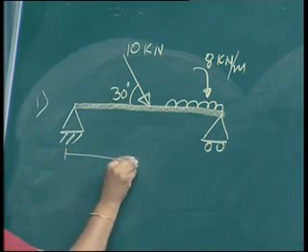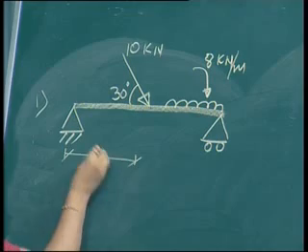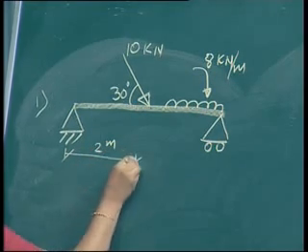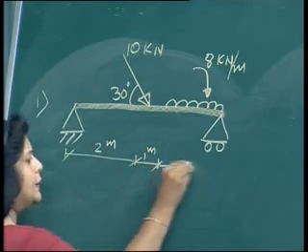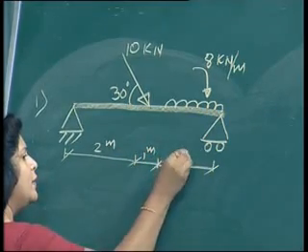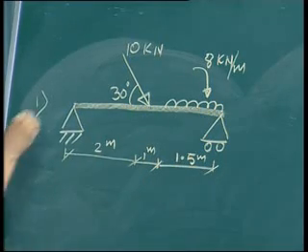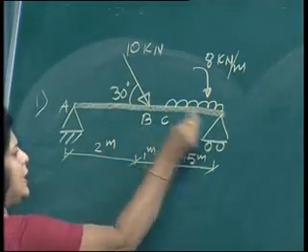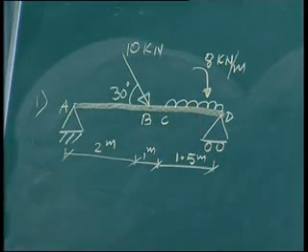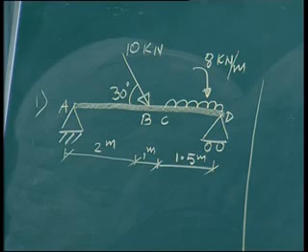Suppose the distance between the point load and a support is 2 meters, this is 1 meter and this is 1.5 meters. First of all, we will name the points A, B, C and D. Now, to start with, as you remember, our first step is to draw a free body diagram.